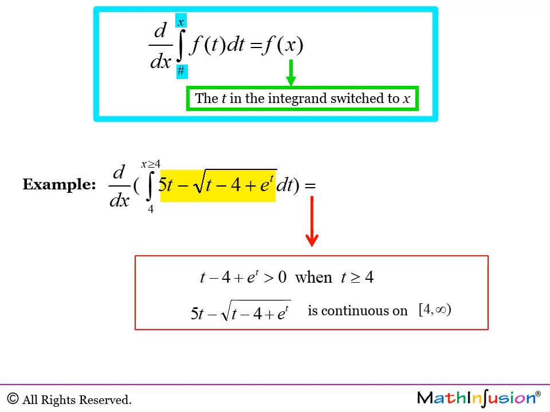It means that this function is continuous on the interval 4 to infinity, including 4. So if x is at least 4, we can apply the theorem. We just write the integrand, which is highlighted here, and replace all the t's by x's. And we get that.